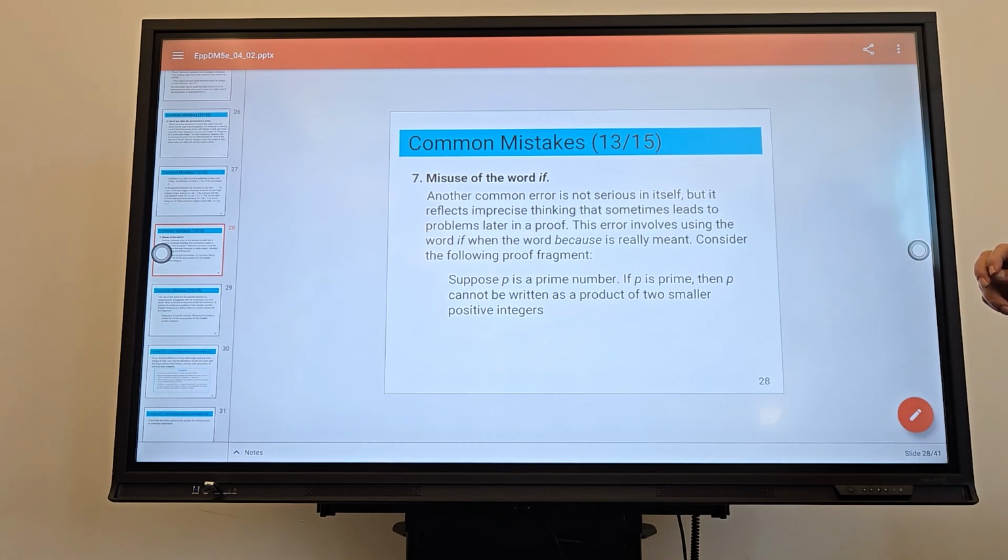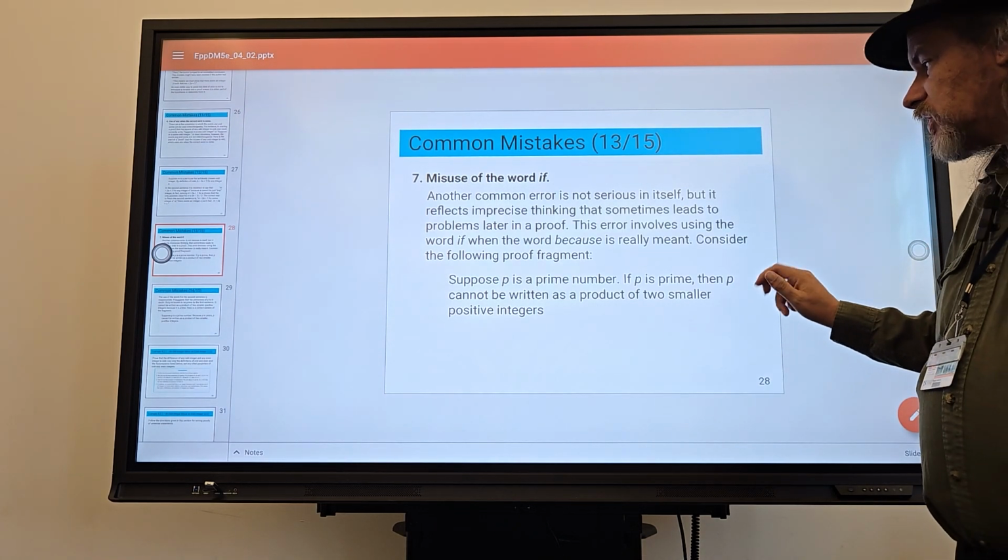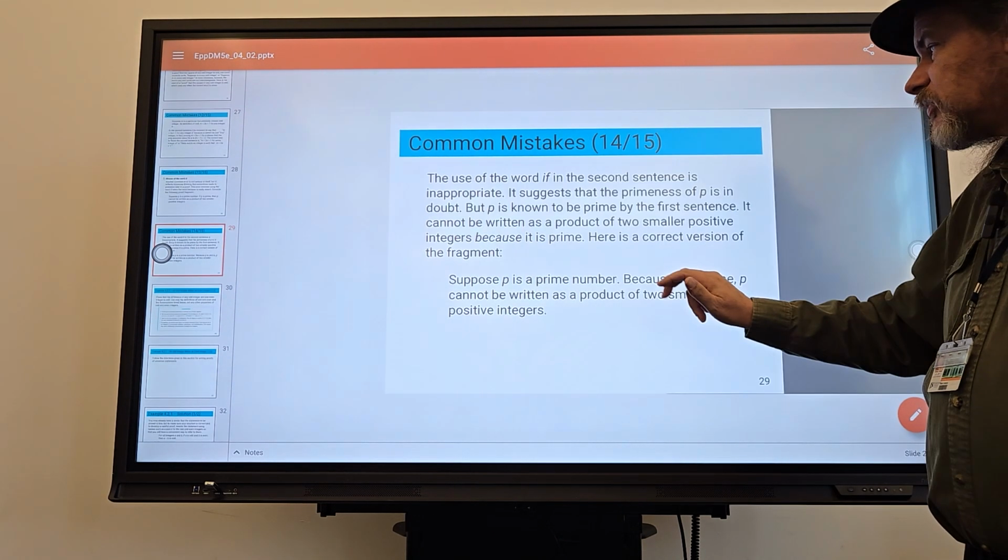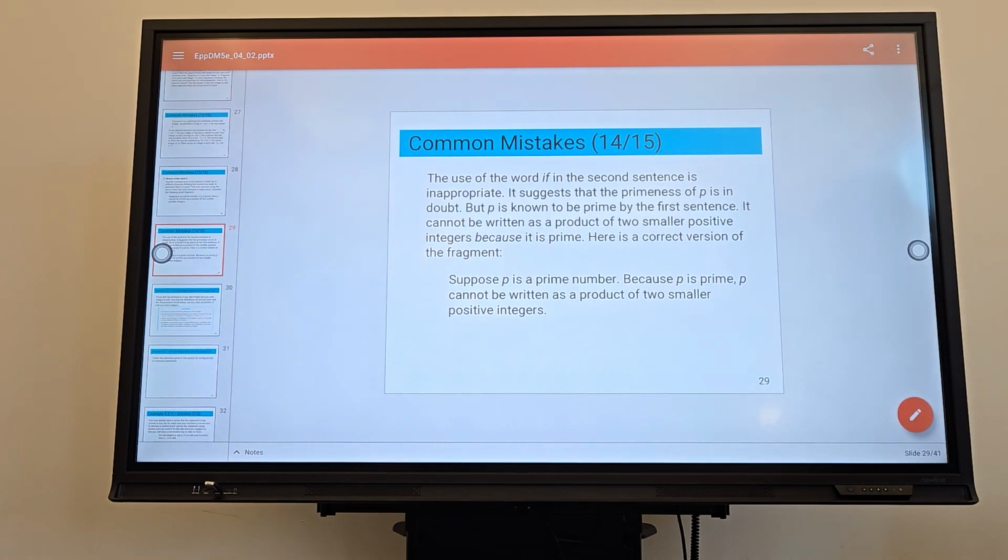The use of the word "if" is inappropriate there. It suggests the primeness of p is in doubt. But p is prime by the first sentence. It cannot be written as a product of two smaller positive integers because it is prime.